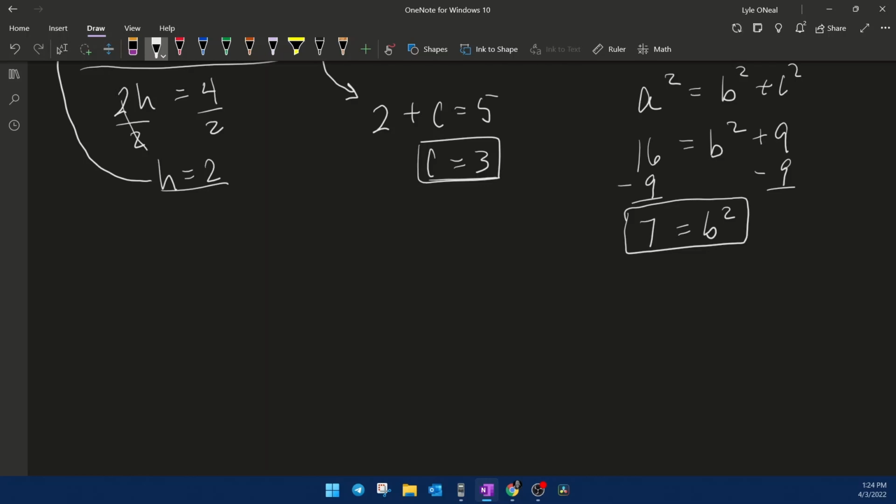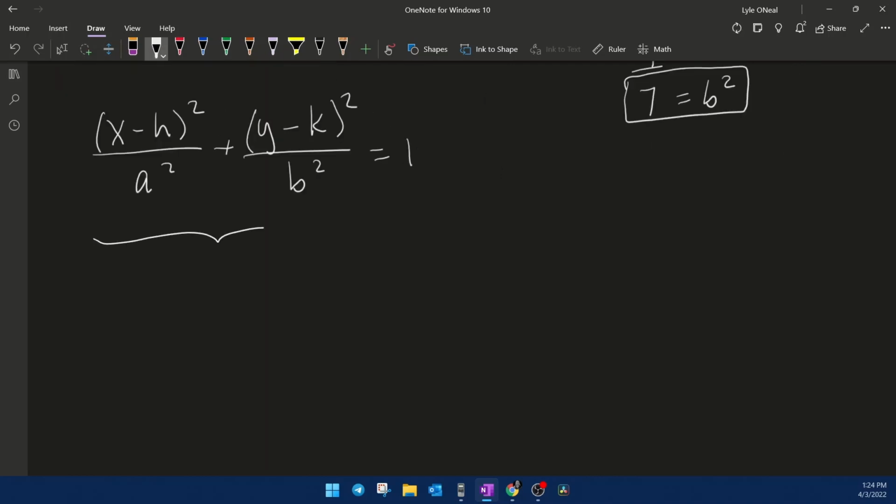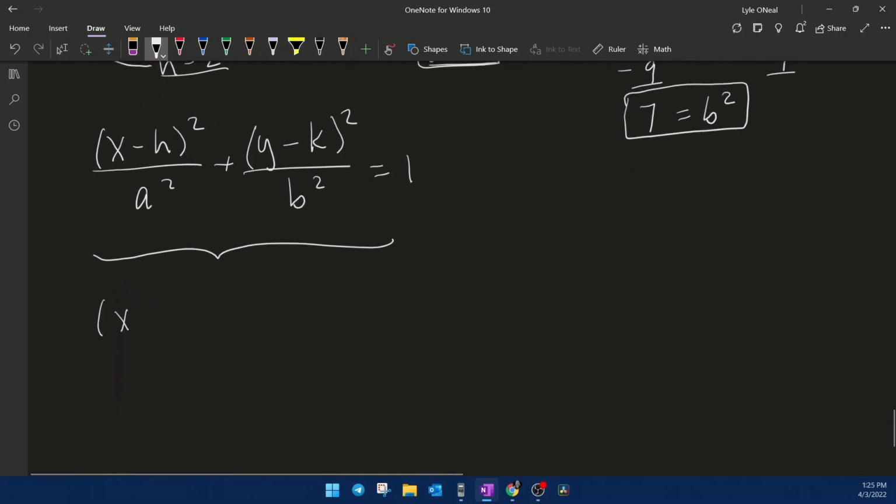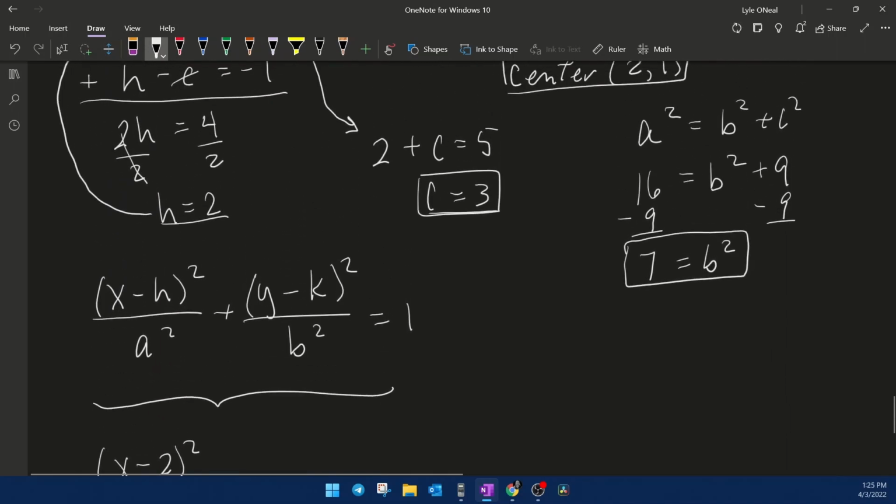And now I believe we have all of the information needed in order to write the standard form of our equation. And taking the standard form of the equation of our ellipse and doing a little plug and play. We're going to have x minus h. Recall that h was 2, so that'll be x minus 2, quantity squared, over a squared.